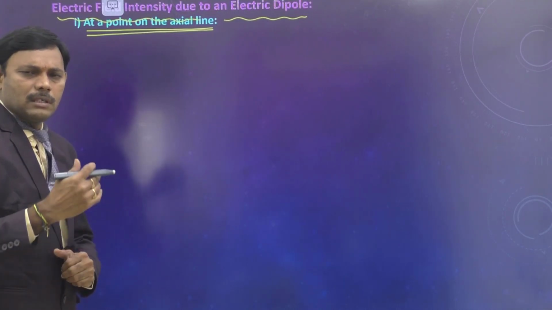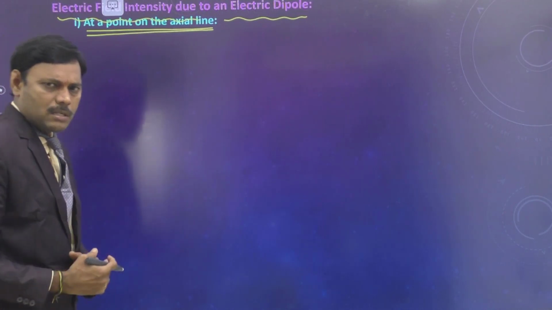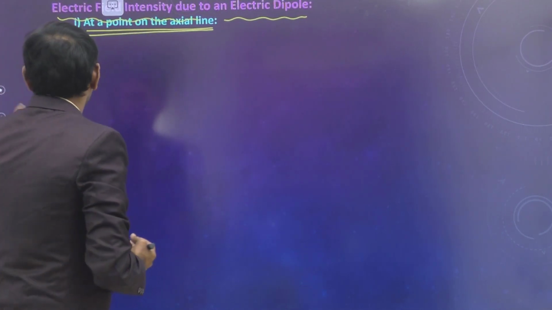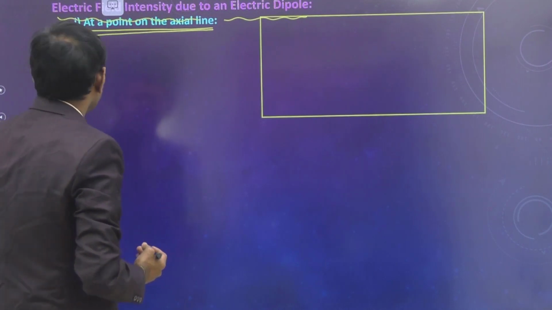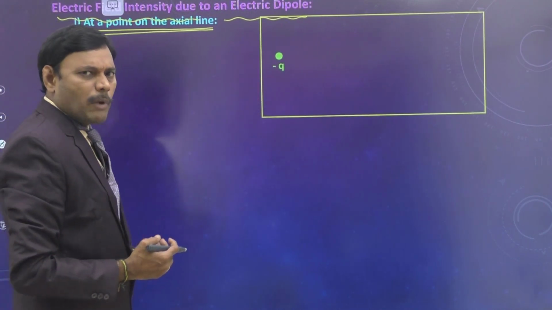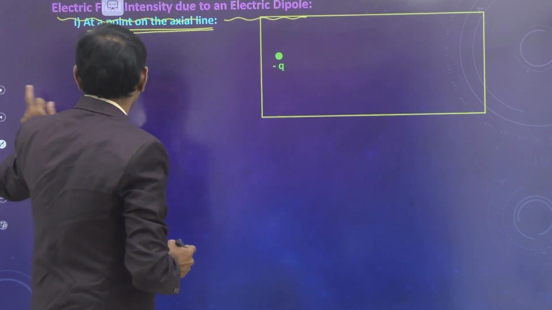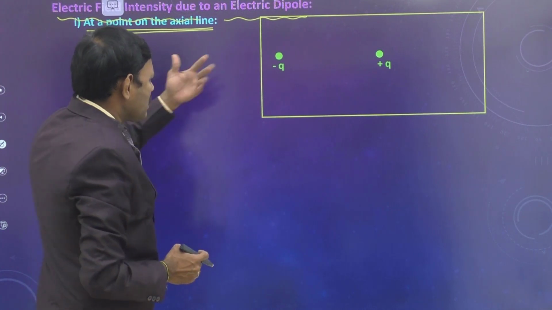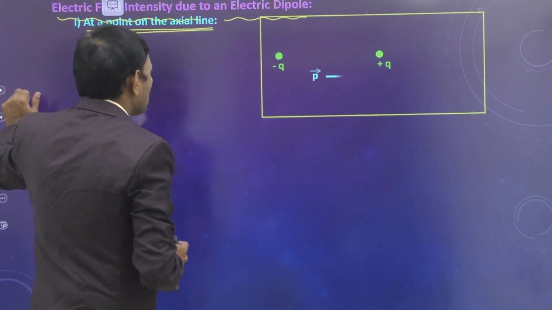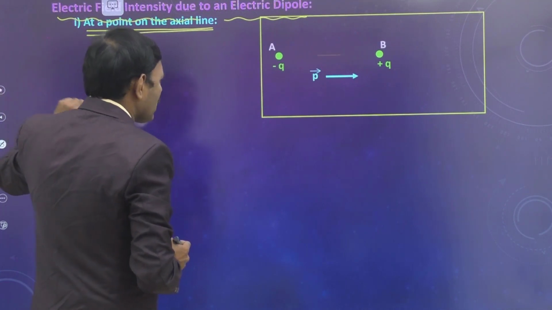We know the line joining the negative and positive charge is the dipole axis. Let minus q be the charge of the dipole at one point and plus q the other charge, whose dipole moment is directed from negative to positive charge.